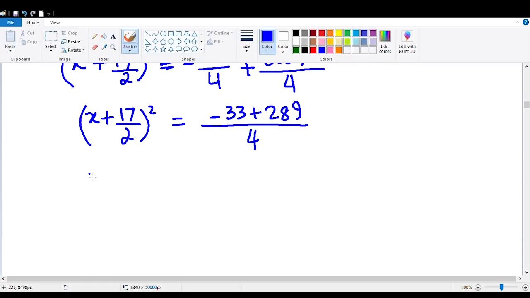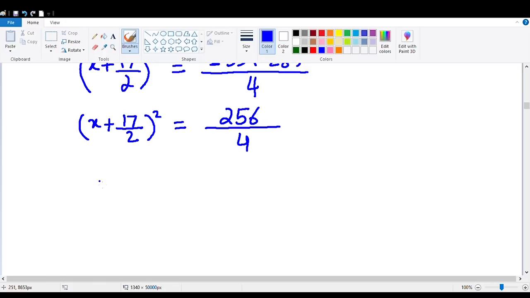So we'll get (x plus 17/2) whole square equals, this is 4, and when you subtract you'll get 256.